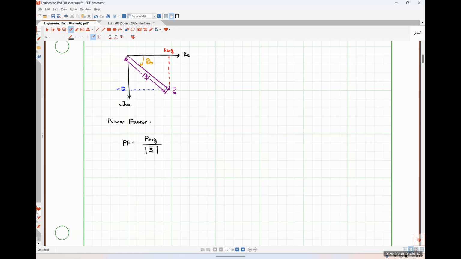So the electrical utility effectively wants this ratio of average power to apparent power to be as close to 1 as possible for the overwhelming majority of the time, so that they are not spending a bunch of extra money generating electricity that literally just gets sent right back to them every half cycle of our sinusoidal system. Okay.